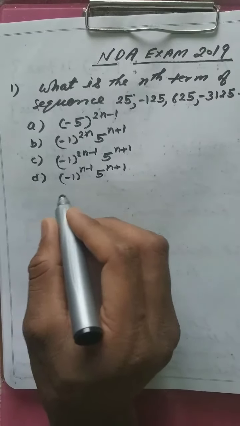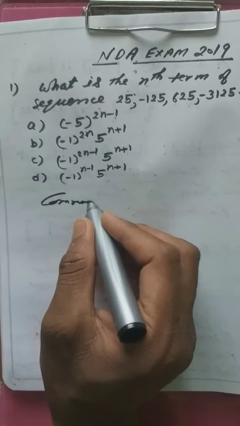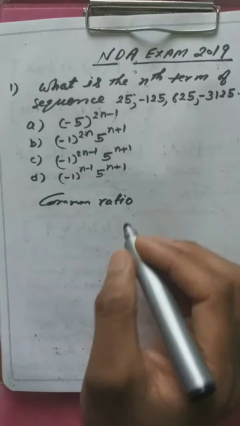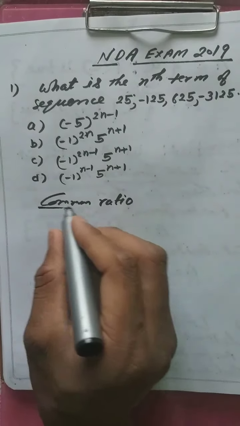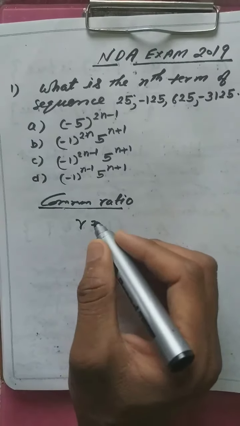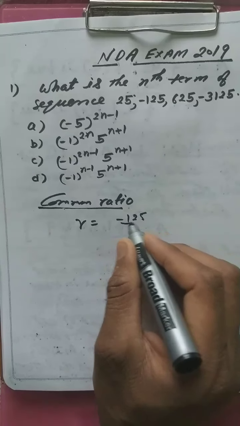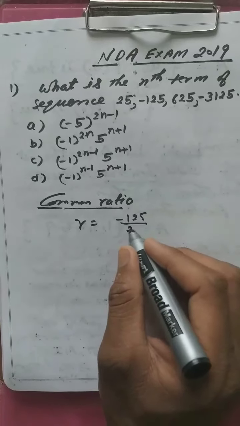Common ratio is equal to any term divided by its previous term.